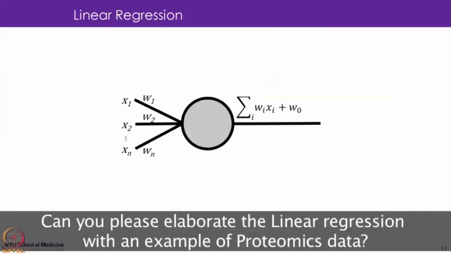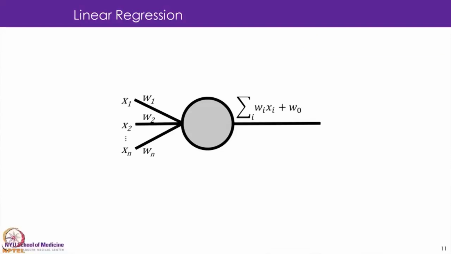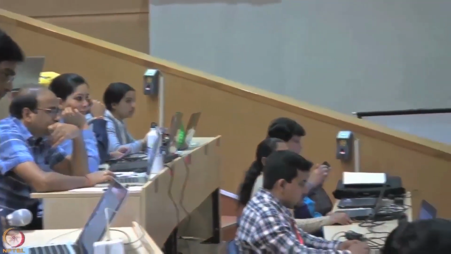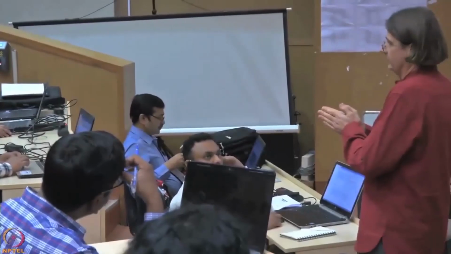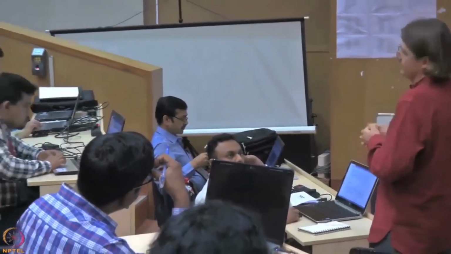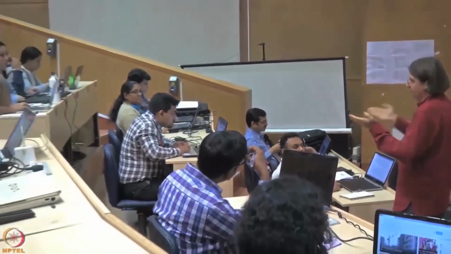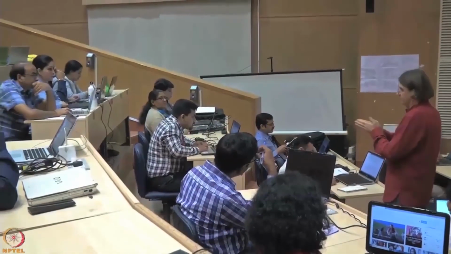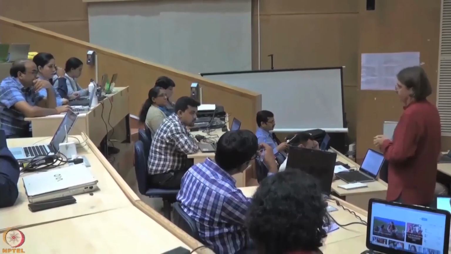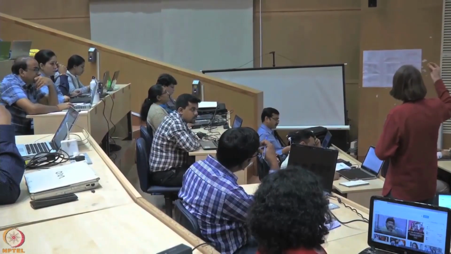Can you please give an example of some proteomic data for this linear regression? Yeah, so maybe the output could be that we want to predict how many months a person will survive. The input would be several different proteins, the levels of them, and we can use that to predict.